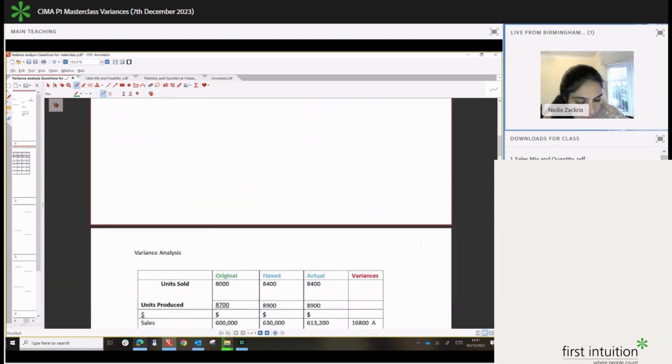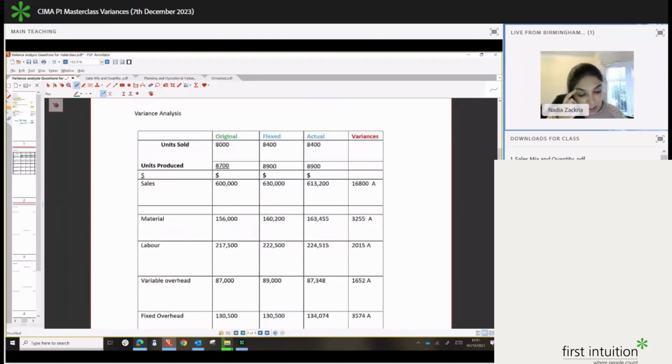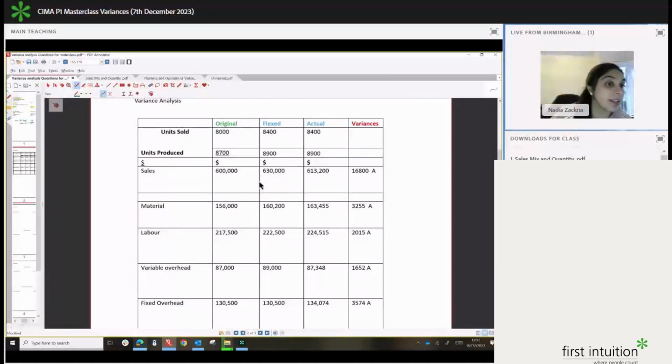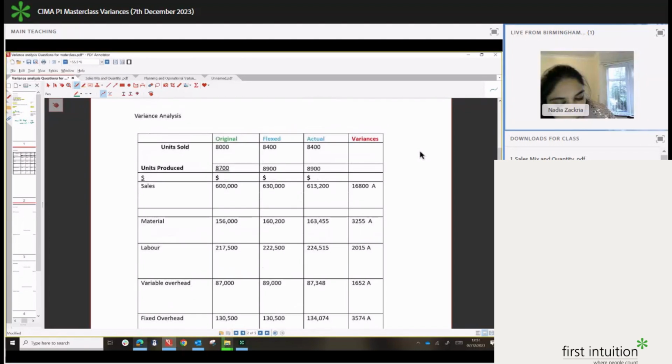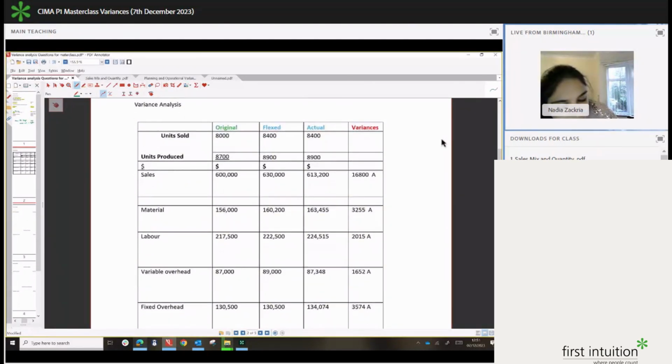On the following page, I've done the basic variances because the total variances are a lot easier than everything else. So here, what do we have? We've got our units sold, our original. Now our flexed versus our actual is what we're going to use for our variance. How do we get these numbers? This would have been based on 8,700. This is based on 8,000.